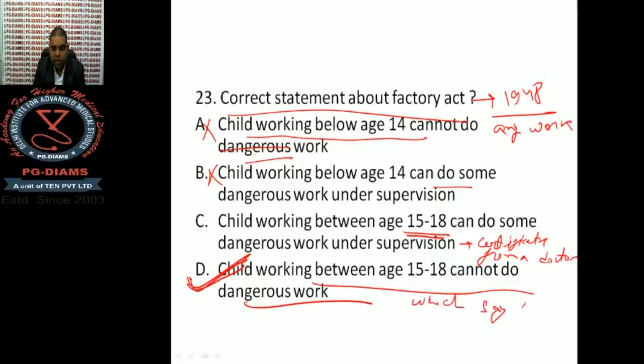Only then are they sent for work. So the correct answer is: a child between age 15 to 18 cannot do dangerous work. They can do some work if they get the certificate from a doctor, but they cannot do dangerous work.